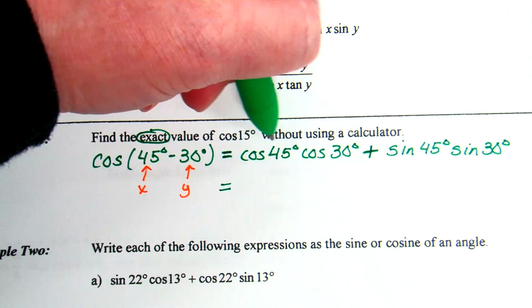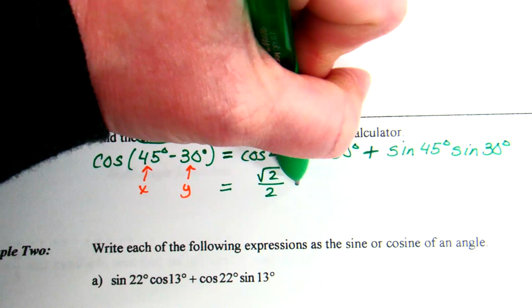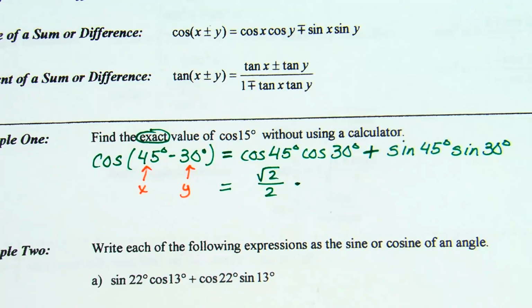Now, the whole point of using numbers from our chart is that we know all this information. What is the cosine of 45 degrees according to our chart? Square root of 2 over 2.